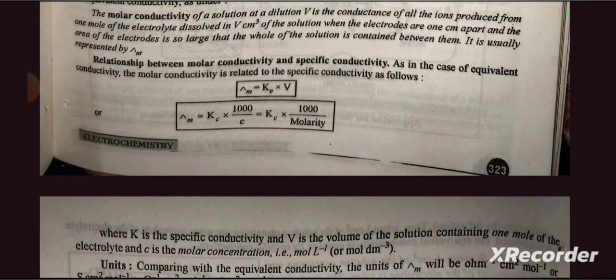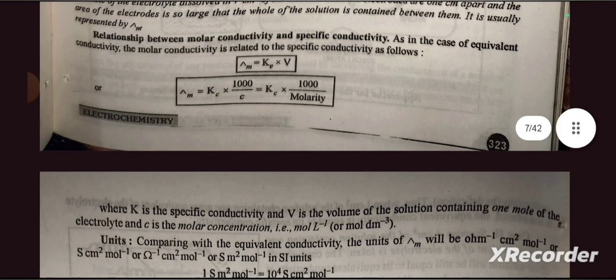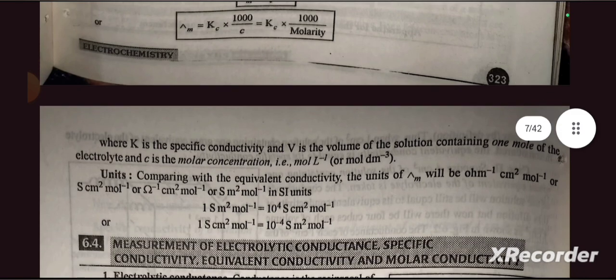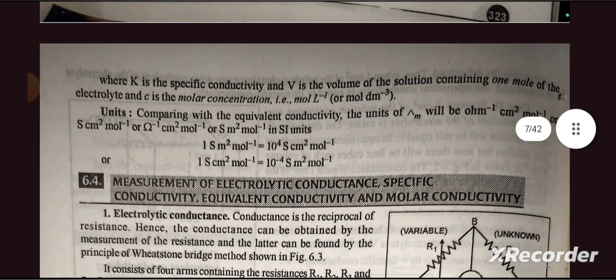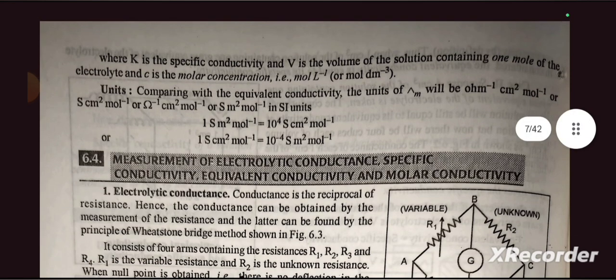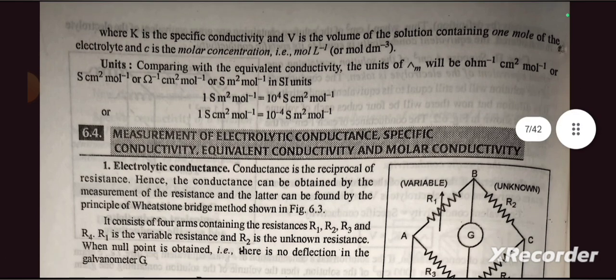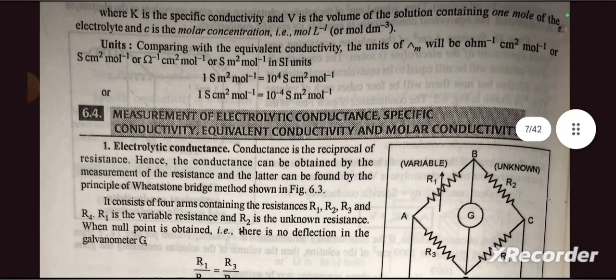Lambda m is equal to kappa times V. Lambda m is equal to kappa times 1000 by C, which is equal to kappa times 1000 by molarity, where kappa is the specific conductivity, V is the volume of the solution containing 1 mole of the electrolyte, and C is the molar concentration, that is, mole per liter or mole dm minus 3 unit.